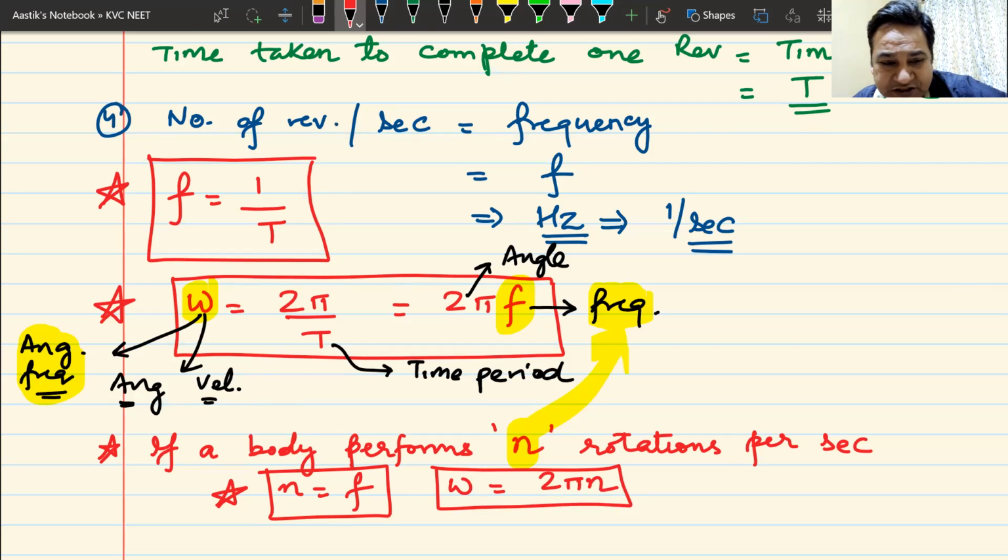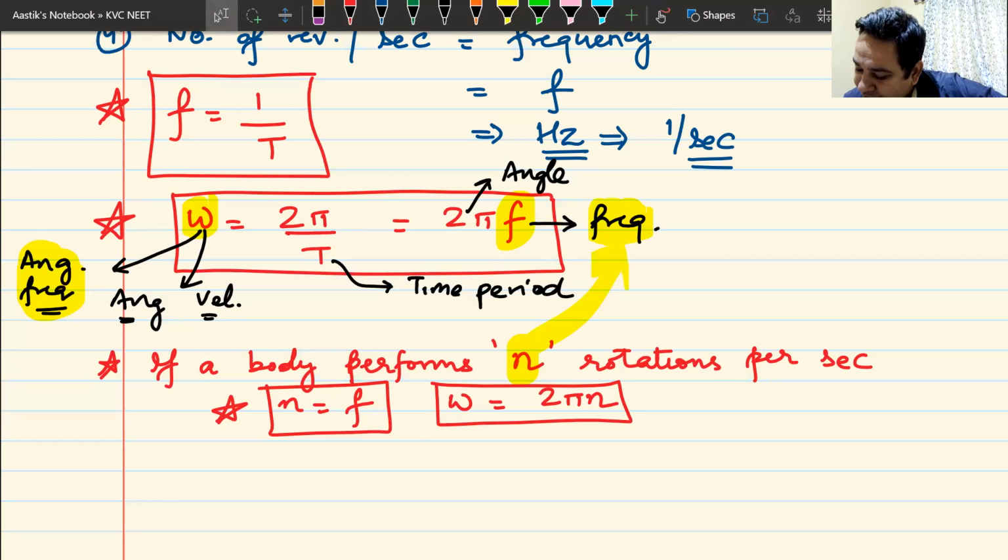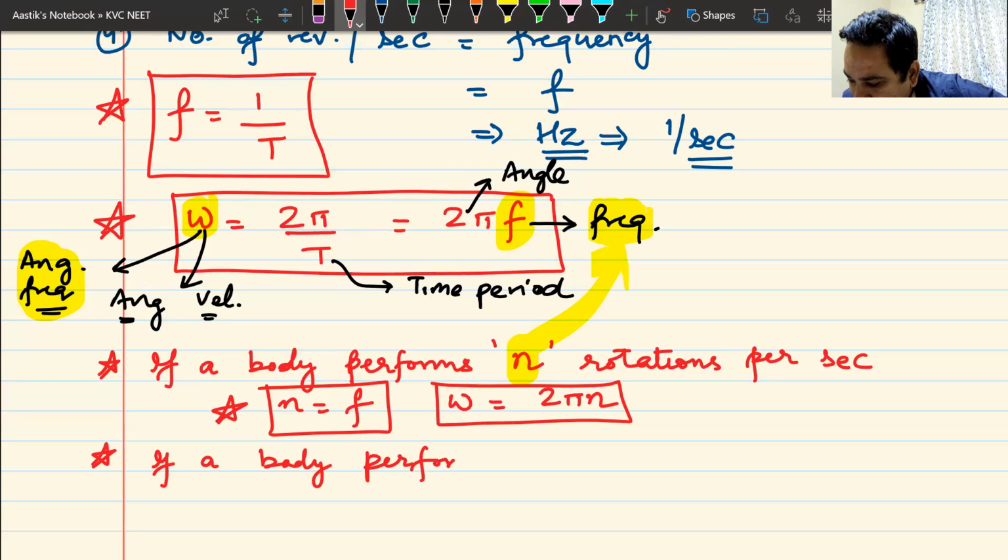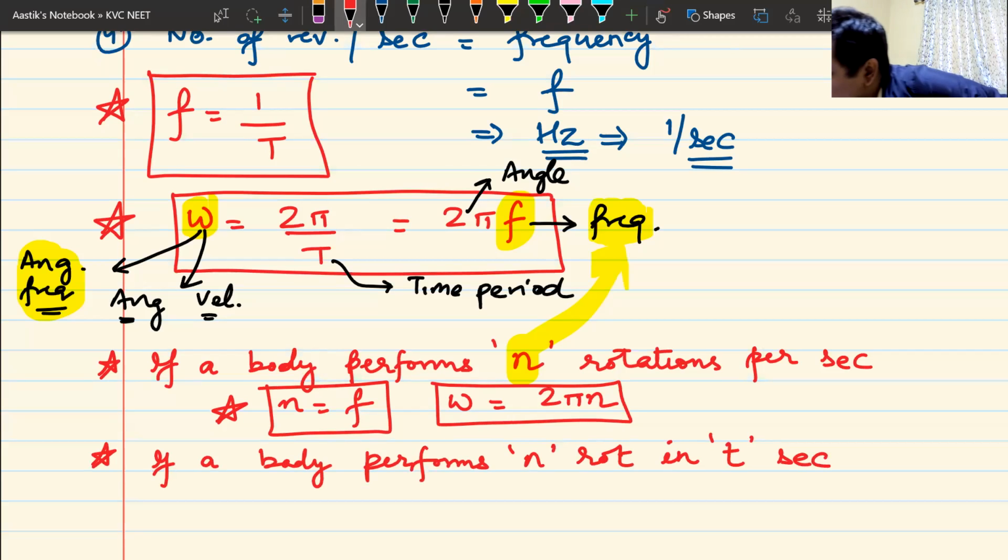Now I'm just going to change the question. If a body performs n rotations in t seconds, then can you tell me what is the relation?